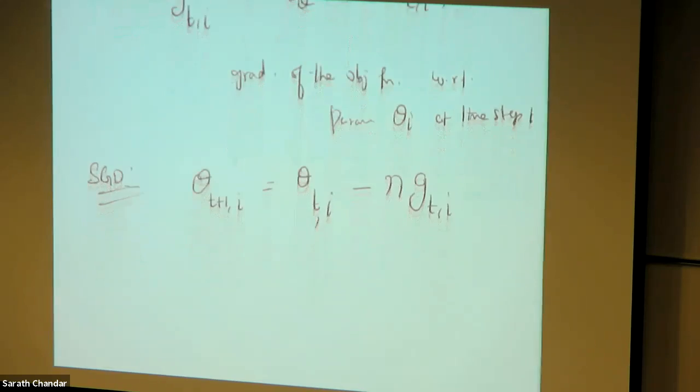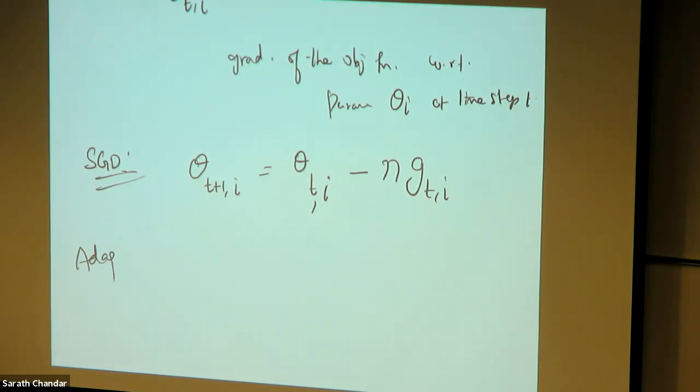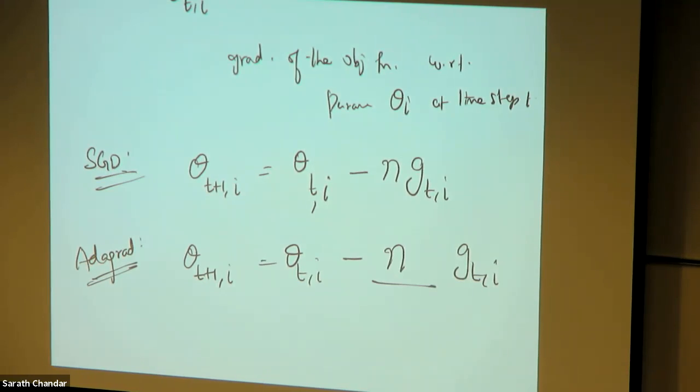Now, here is how AdaGrad is going to look like. Theta_{t+1,i} is equal to theta_{t,i} minus, so far this is like SGD, now I'm going to divide this learning rate by some term, which is basically the square root of the summation over p equal to 1 to t of g_{p,i} squared plus epsilon.